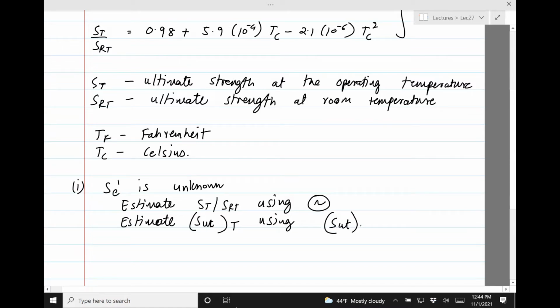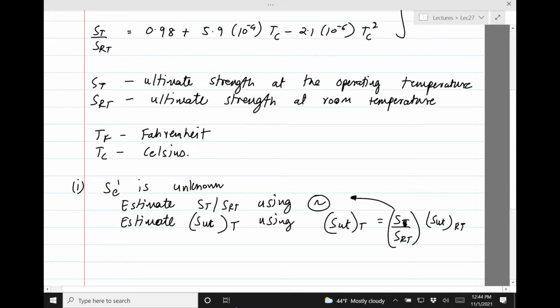SUT at elevated temperature is this ratio ST divided by SRT, which we found in this step, times SUT at room temperature.